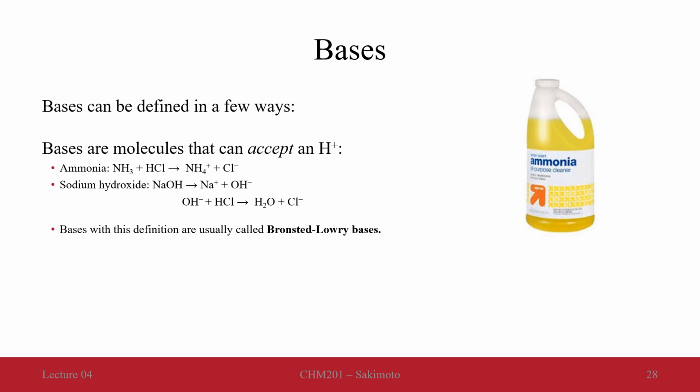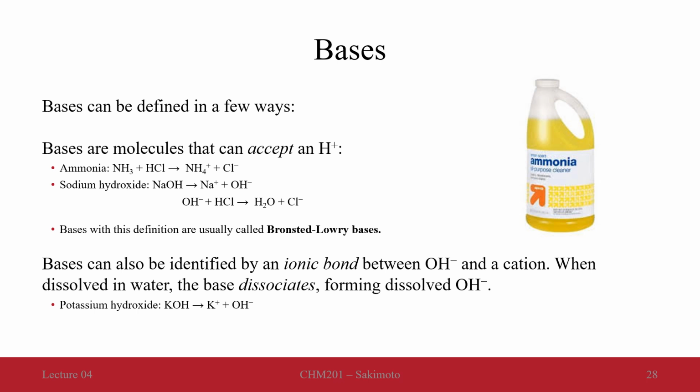Bases are a little weird in the fact there's a few different ways we might define them. Anything that also features an ionic bond between a cation and an OH-, a hydroxide anion, that dissociates, we also consider a base for very similar reasons.